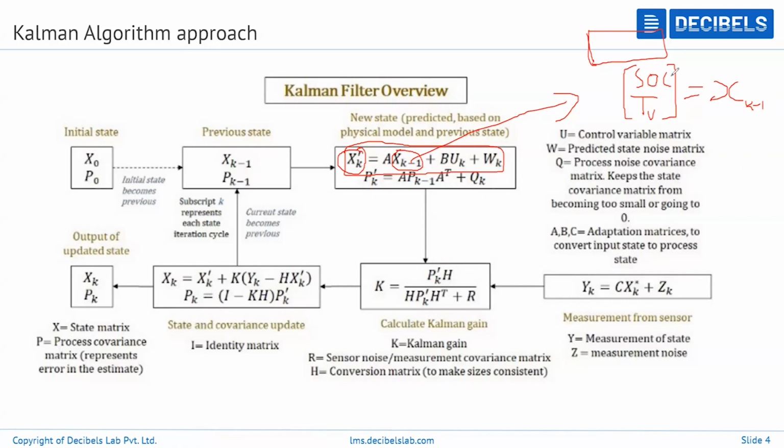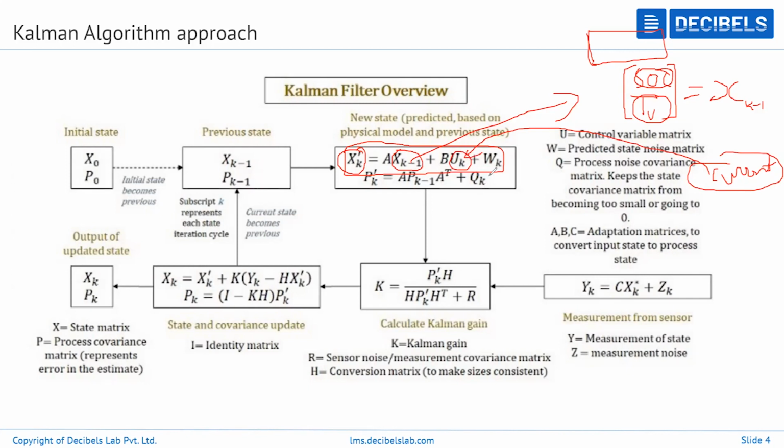How are these further affected? Which parameter is affecting the SOC, and which is affecting the terminal voltage? It is the current. If you apply or discharge the current, these values are going to change. The current value is inserted in the matrix U, which we call the input matrix.